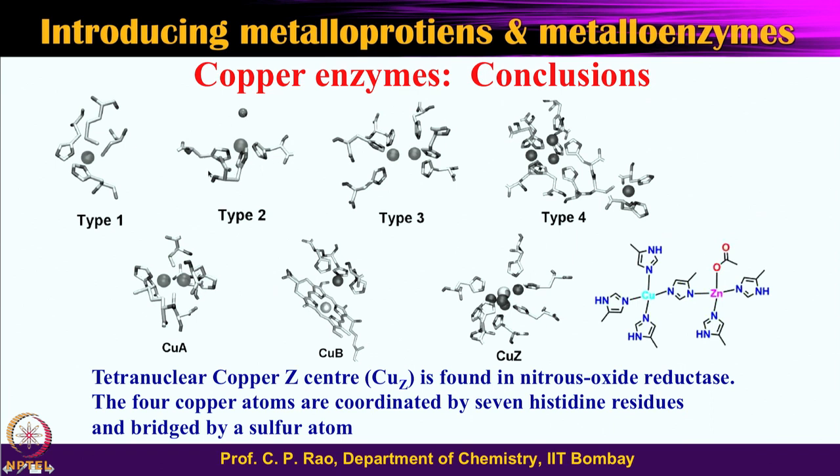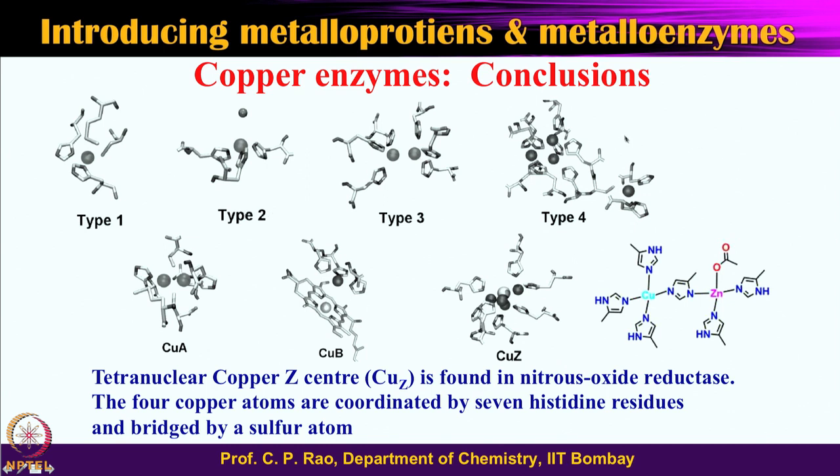They do not use any oxygen of the O2, but the O2 is required to bring back the enzyme to the normal state, because all these reactions go in two halves. The first is the substrate is converted and the enzyme is reduced. In the second step, in presence of O2, the enzyme is reoxidized. Type 3 we have seen in the enzyme tyrosinase, which is involved in melanin formation and in phenol and catechol kind of reactions, and the two copper ones can play a role going to copper 2 and back.